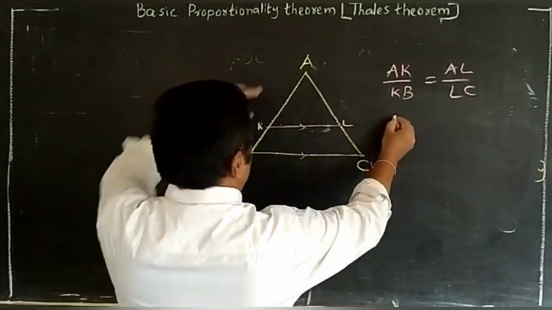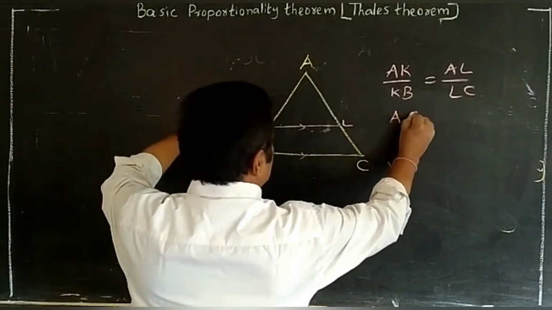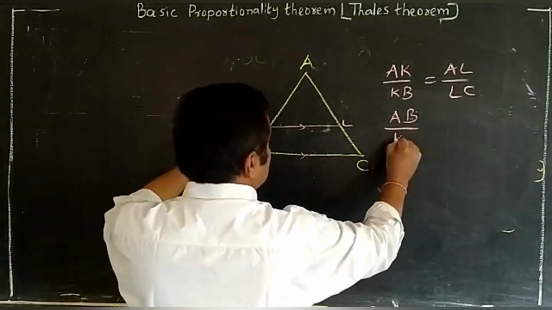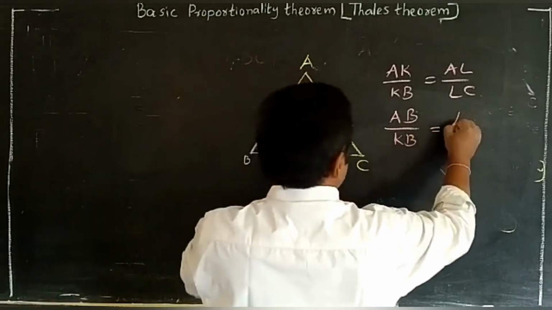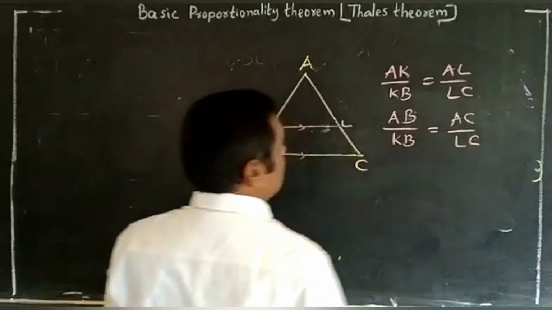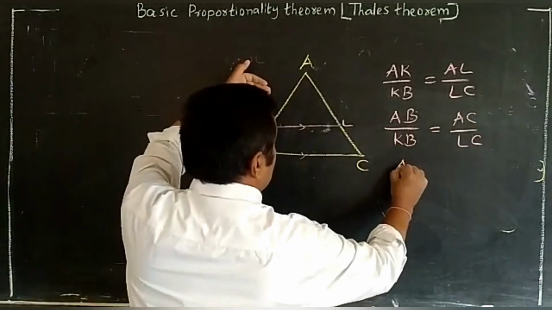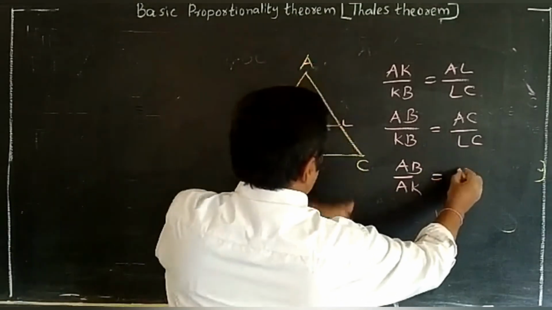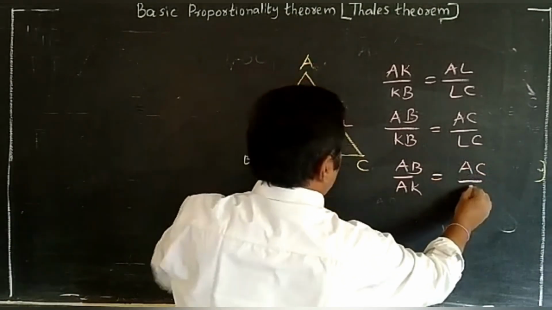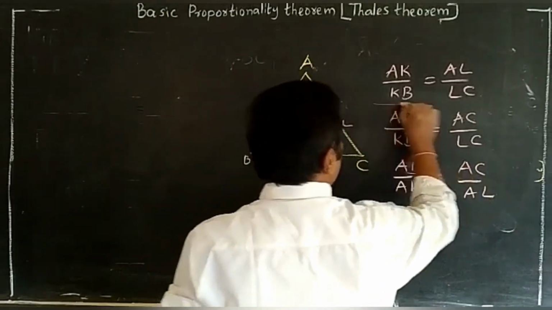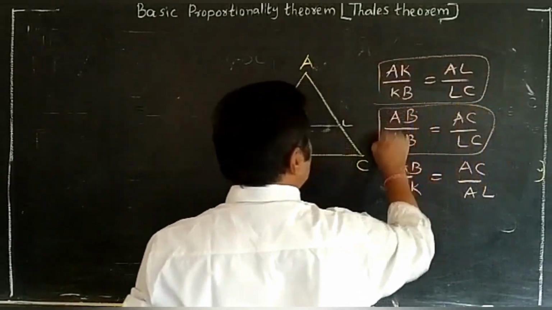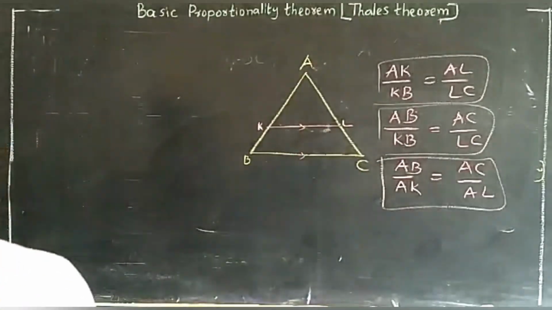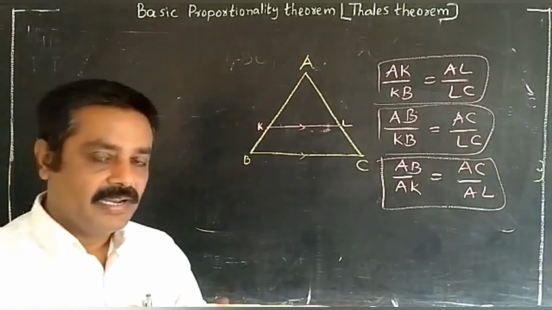And the second one is AB by KB is equal to AC by LC. We have to say like this also. Or we say AB by AK is equal to AC by AL. We can accept these three formulas. After this theorem, we have to remember these points. Clearly understand, children?